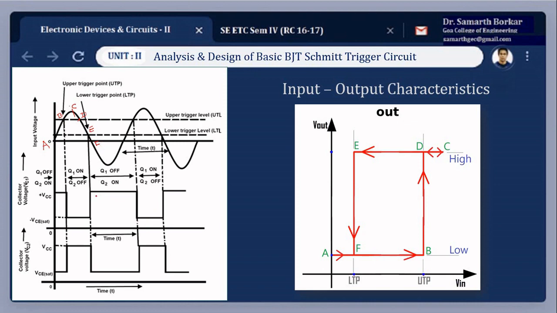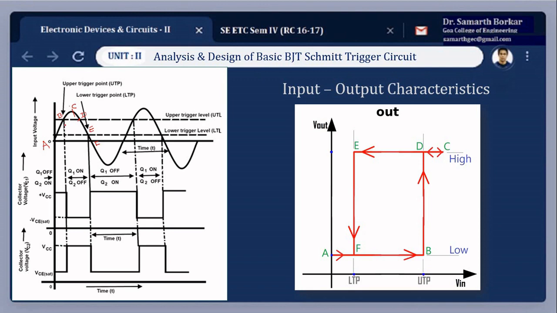Fine. Now, as we have studied, there are two states. In one state, the transistor Q2 is on and Q1 is off. In another state, Q1 is on and Q2 is off. Now, there are two waveforms drawn here. When the transistor Q2 is on, then for this time interval the output will be high, and for this time interval the output will be 0.